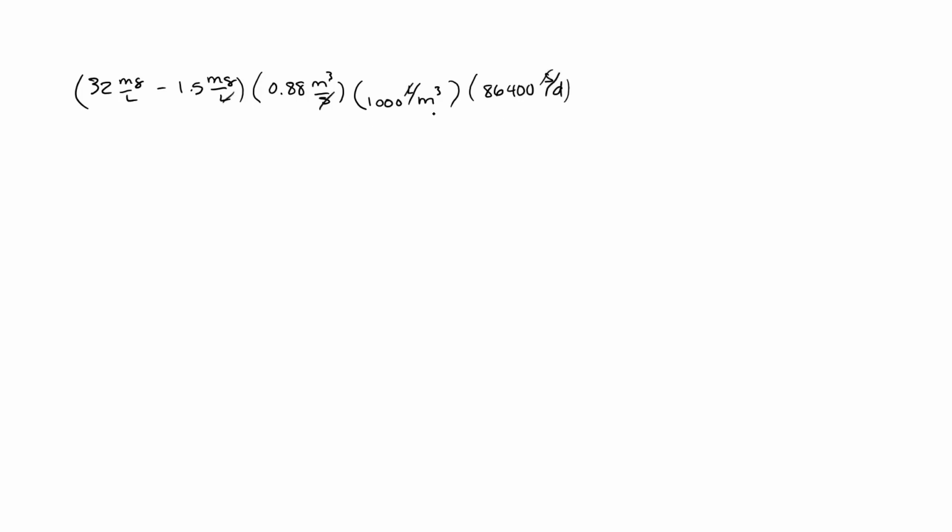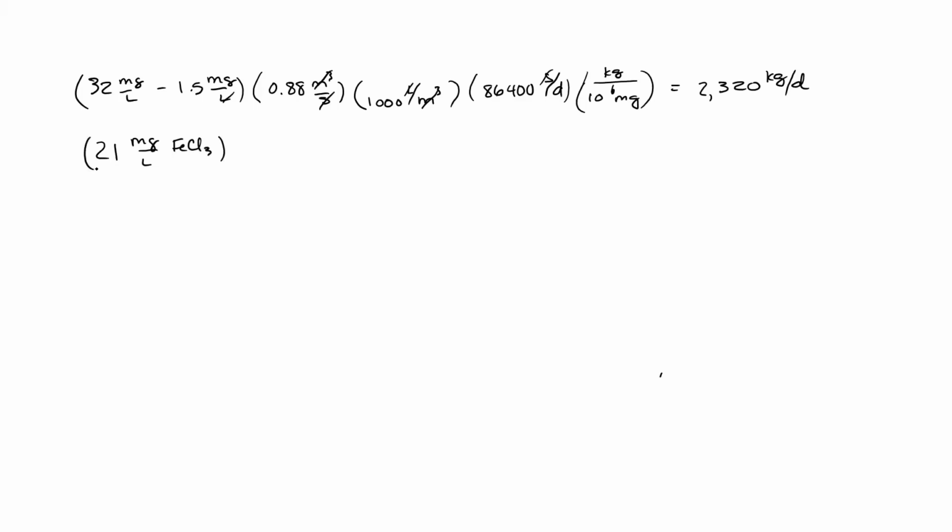Notice liters cancel, meters cubed cancel. We now have milligrams per day. There are 10 to the 6 milligrams per kilogram. And that is equal to 2,320 kilograms per day.